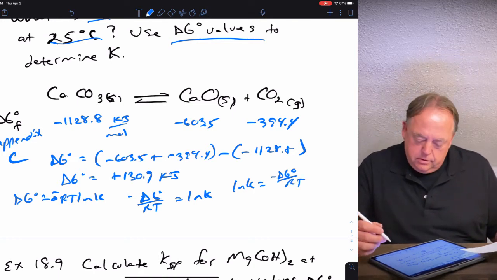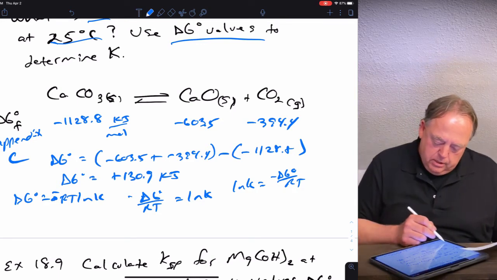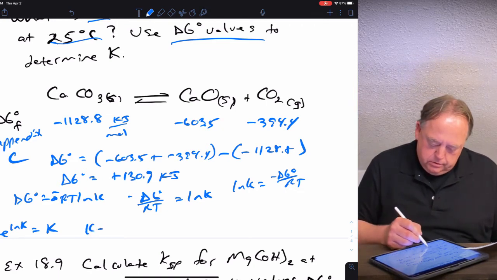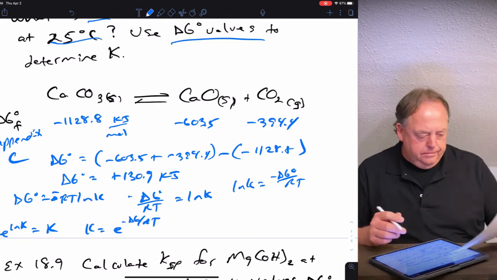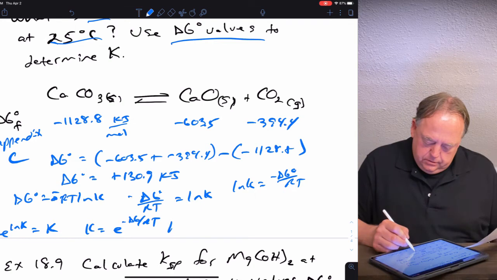If you remember the mathematical manipulation, to get rid of ln, e to the ln of K equals K. So K equals e to the negative delta G over RT. I'll just plug in values and solve.